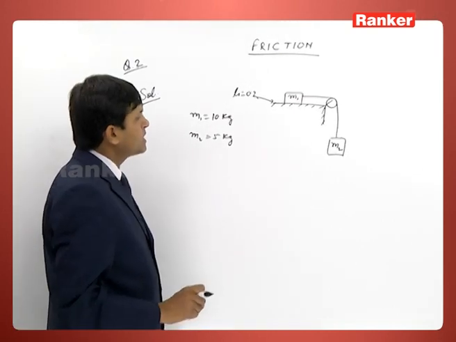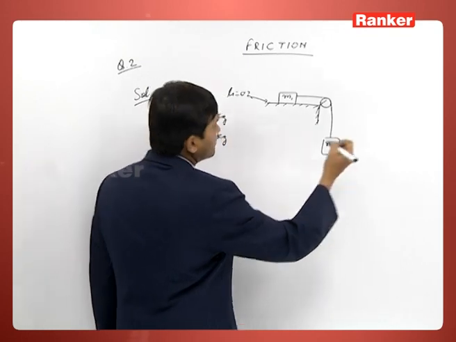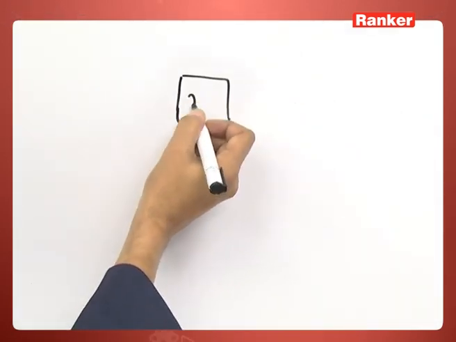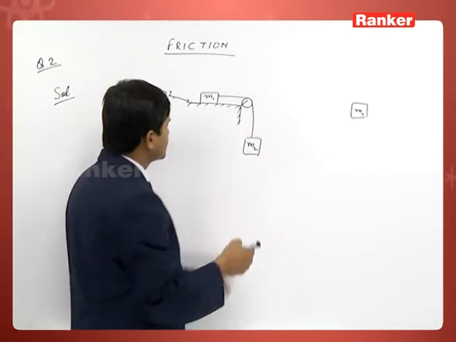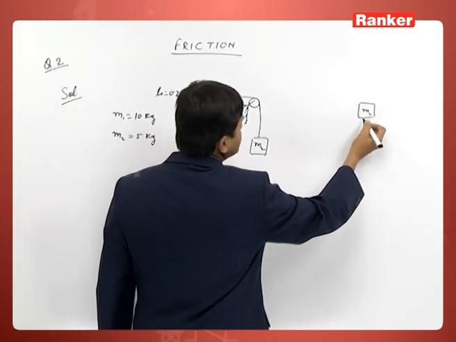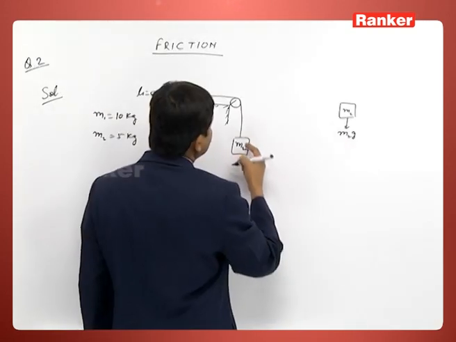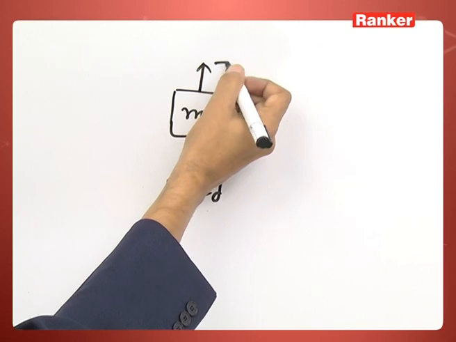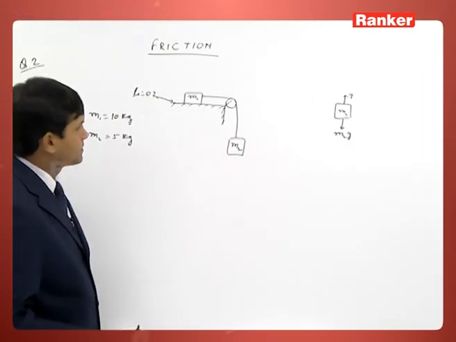So for that, we make the FBD. See the FBD for block M2 first. For block M2, one force is M2G downward, that is the gravitational force. Another here on this string is tension. These are the forces acting on the block M2.